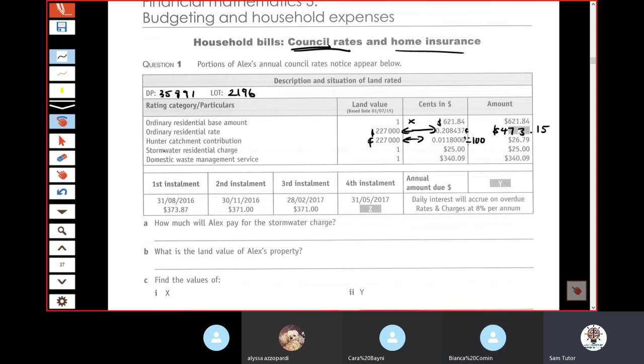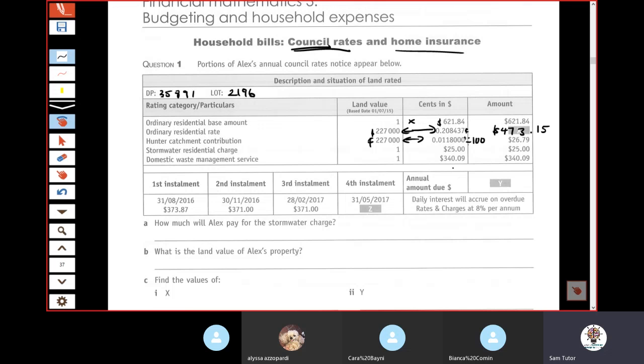$473, and then Hunter catchment contribution. You've got to get charged a little bit of that, $26. Stormwater residential, everybody gets charged $25 for maintaining the stormwater, making sure everything flows through properly. And domestic waste management, you get charged $340. That's irrespective of how big or small your house is.